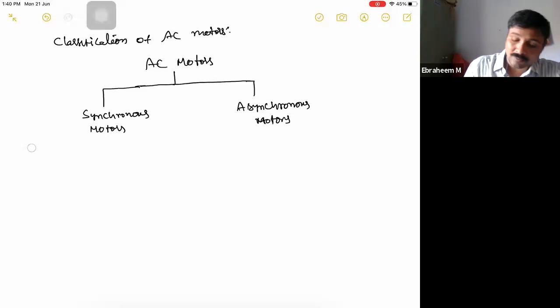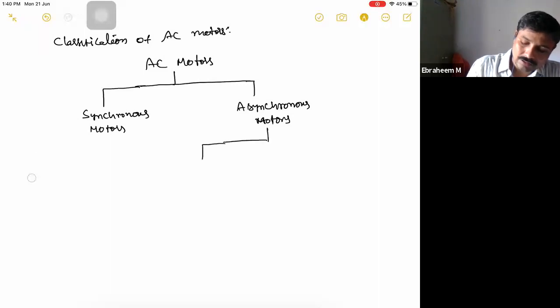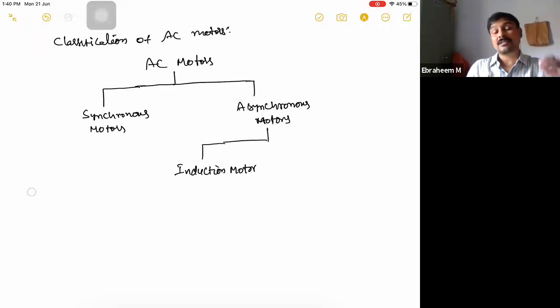Here the induction motor falls in the category of asynchronous motors. Induction motor is an asynchronous motor.